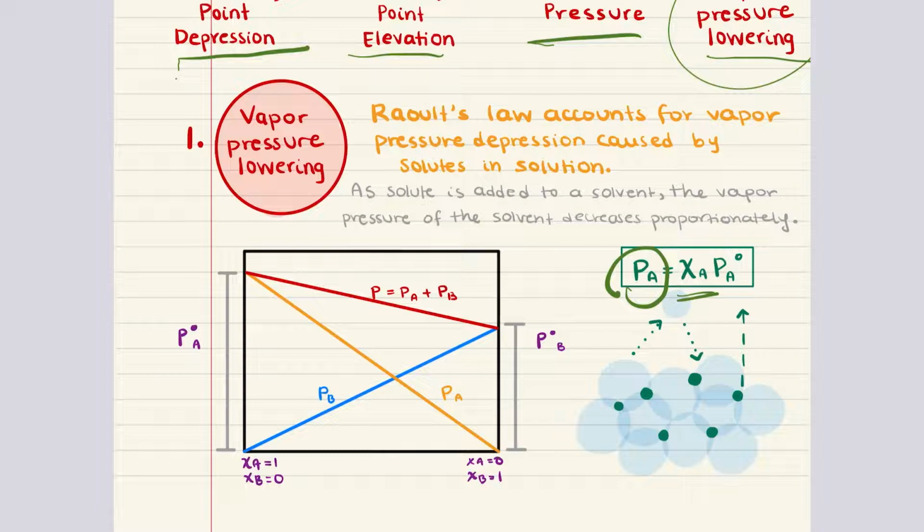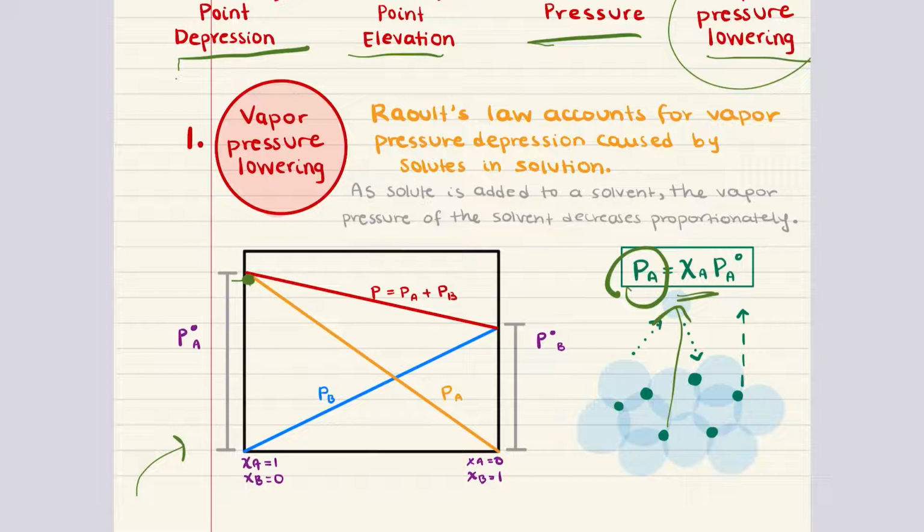Raoult's law implies that the addition of a solute reduces the vapor pressure of the solvent because the solute particles occupy some of the surface area, reducing the number of solvent molecules that can escape into the vapor phase. So for example, consider compound A in this figure right here. For compound A in its pure form, so the mole fraction of 1, it's going to have a particular vapor pressure that's indicated here as Pa0.